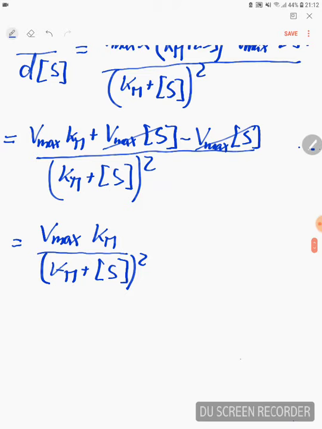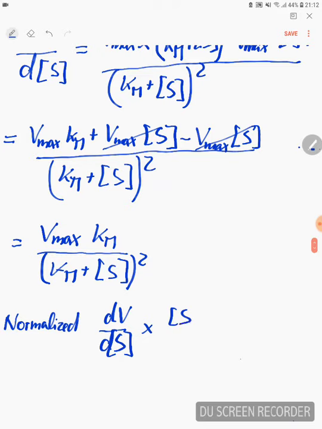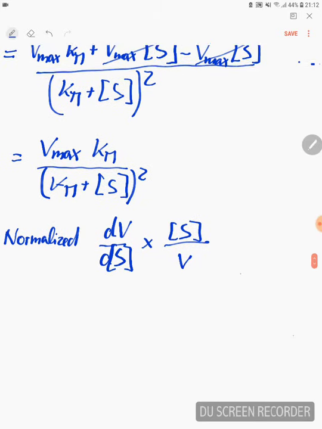If we want to get the normalized form, we take our dV over dS and multiply it with S over V. So let's do that.